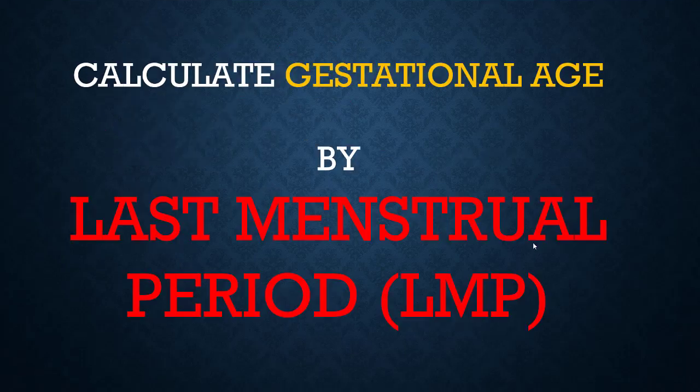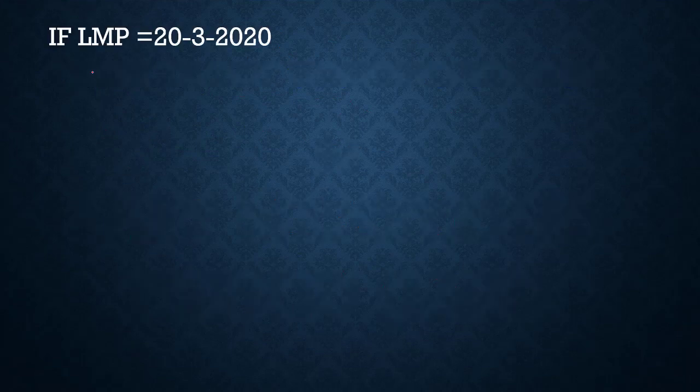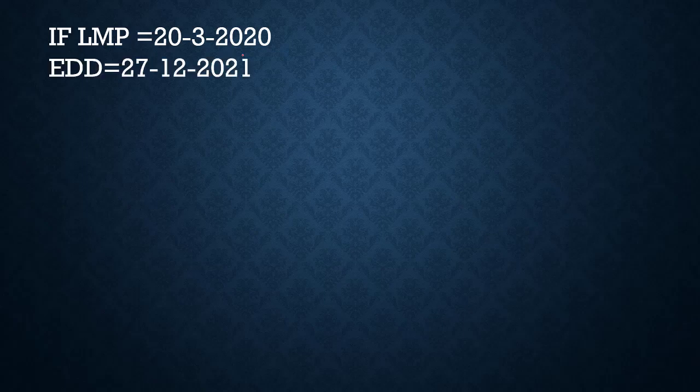Now I will tell you how to calculate gestational age by last menstrual period. So, if the LMP of a pregnant lady is 20 March 2020, then by applying Nagel's rule, either formula number 1 or formula number 2, the EDD will be 27 December 2020.